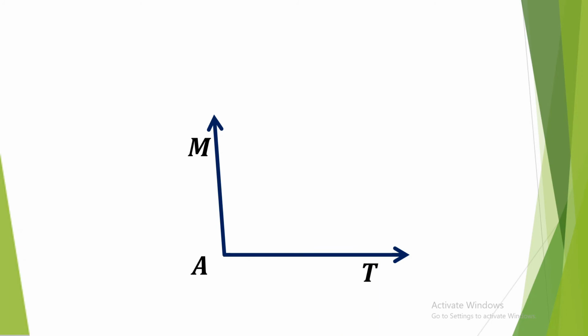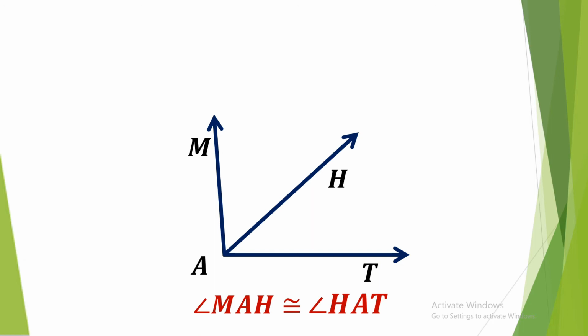Next, we have here angle MAT. Then we have a ray here. It's ray AH. If angle MAH is congruent to angle HAT, and angle HAT measures 50 degrees, then the measure of angle MAH is also 50 degrees.